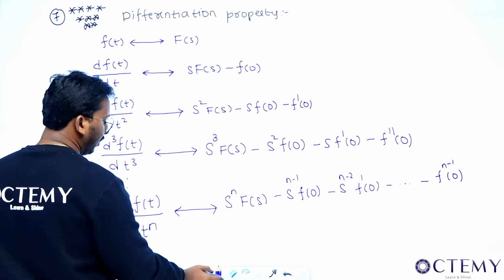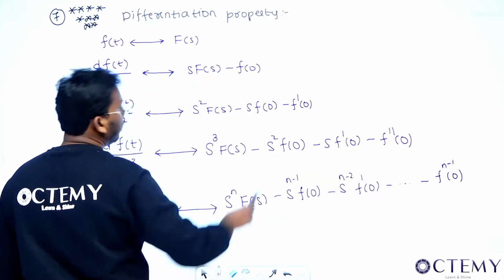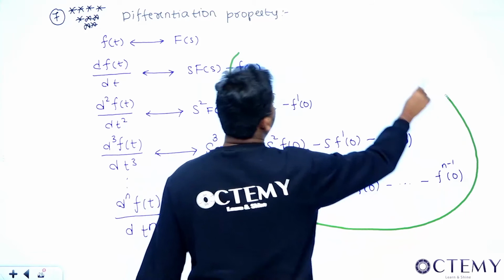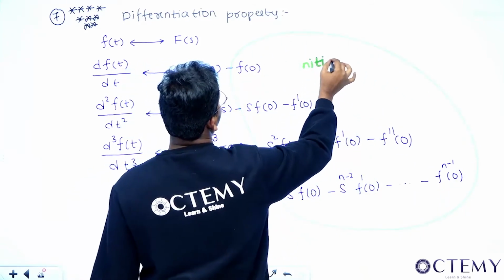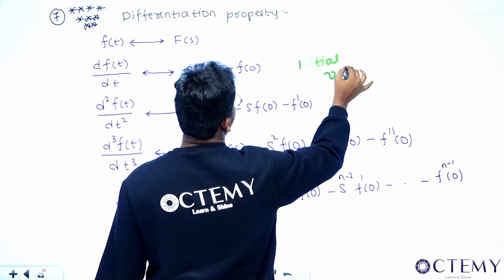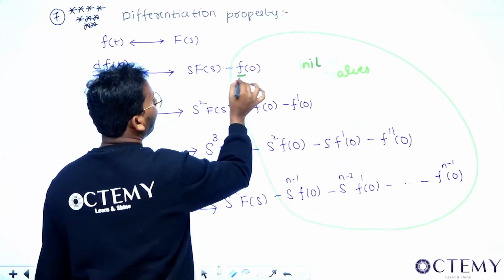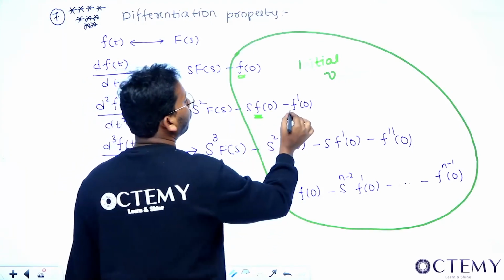So this particular thing here, from here to here, all of this, what are these, sir? These are basically your initial values. I have used small letters. This is small f of 0. Then you differentiate f of t, then you put 0.